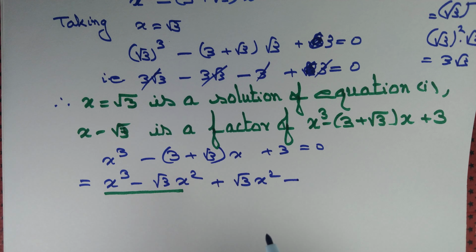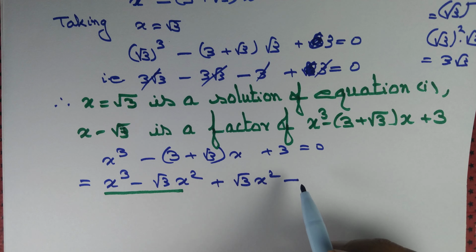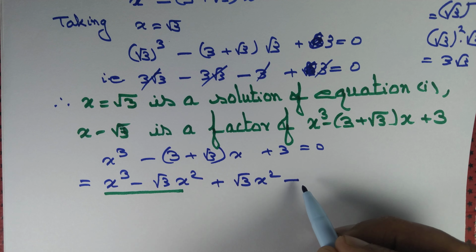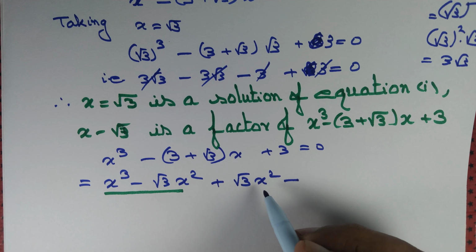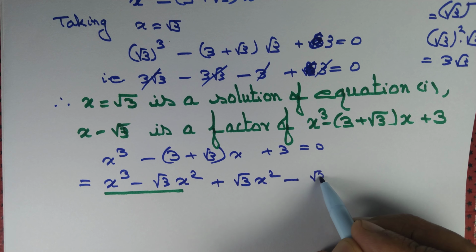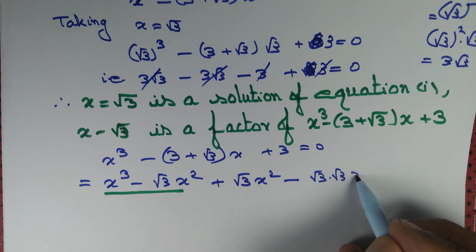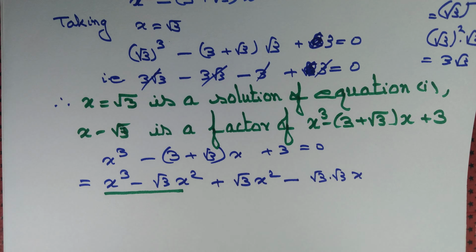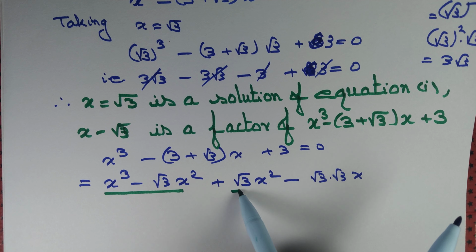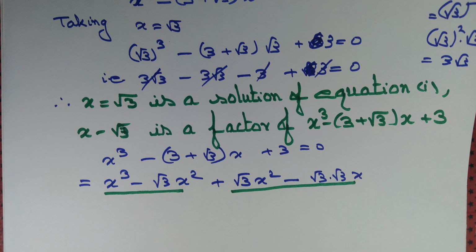But again, I have to subtract something so that I get x minus root 3 as common. So root 3 into root 3 x. When I take root 3 x common, once again I'll get x minus root 3 as a factor from this polynomial. But root 3 into root 3 is 3, minus 3x.